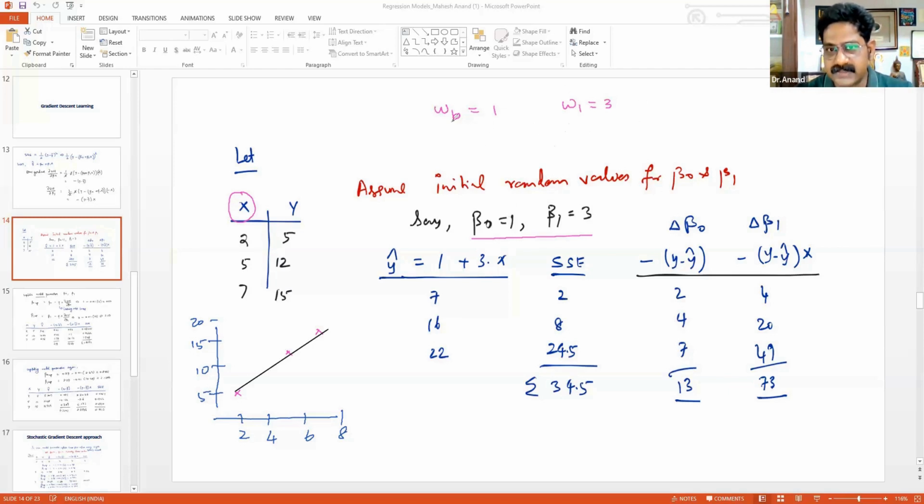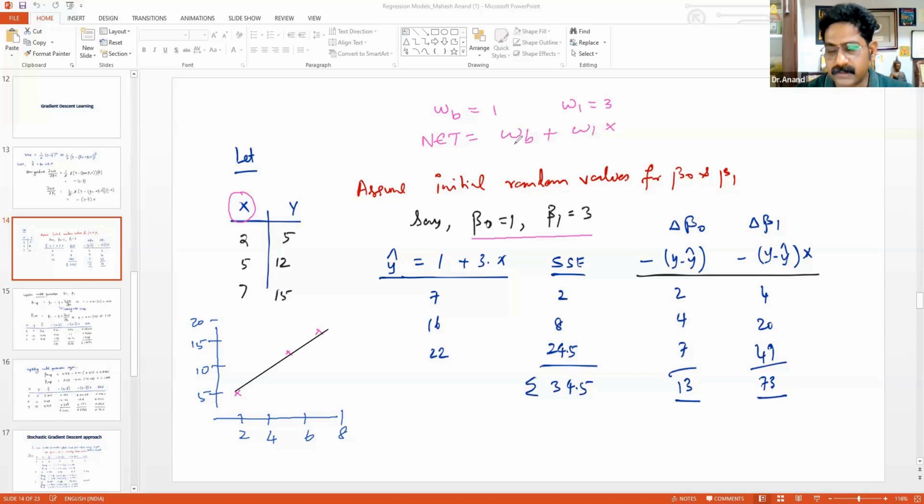For the randomly initialized bias weight and W1, what is our equation? When the neural network behaves as a regressor, it calculates only the net, WB plus W1x.